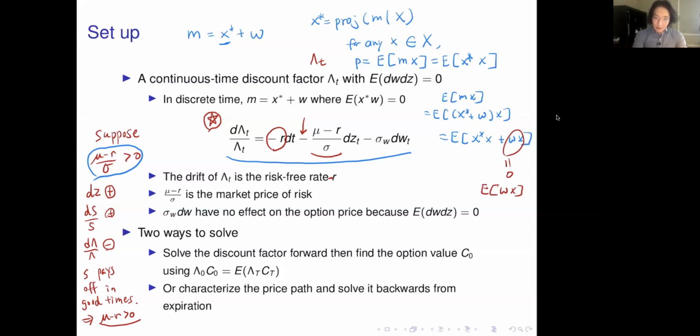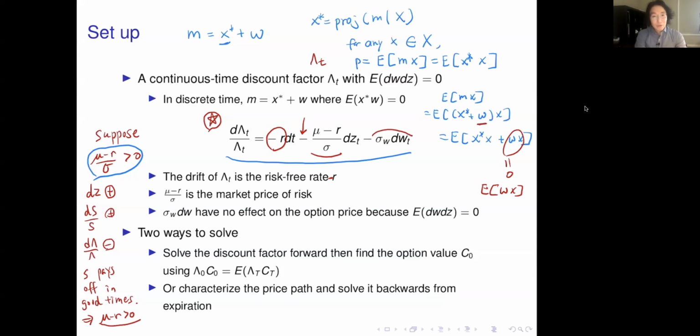Another thing to note is that we assume that this is an orthogonal component to the stock price, right? So basically, this is like W here. This is like W here.